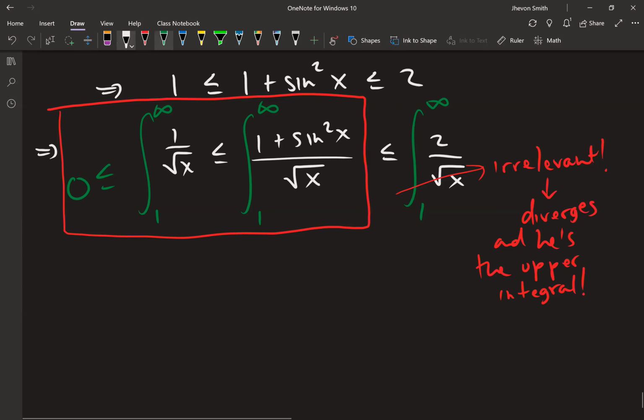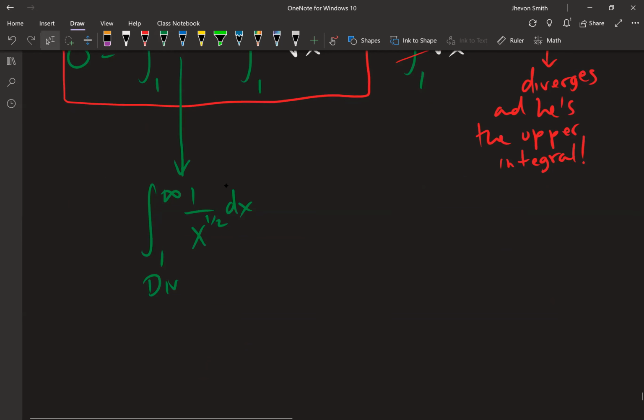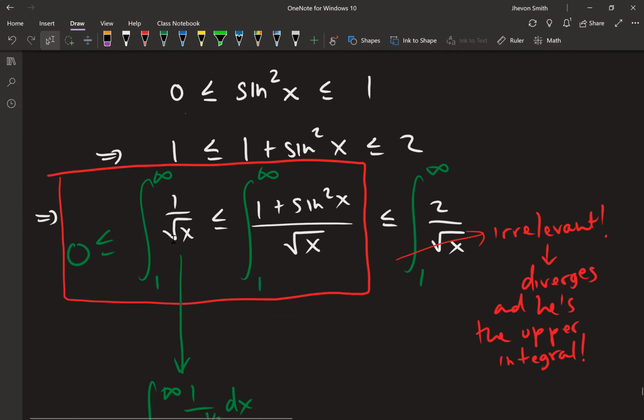Now, when you look at the smaller guy, this guy is the integral from 1 to infinity of 1 over x to the 1/2. Now, this guy diverges, since your p is equal to 1/2, which is less than 1. So the smaller integral diverges, which causes this one to also diverge.